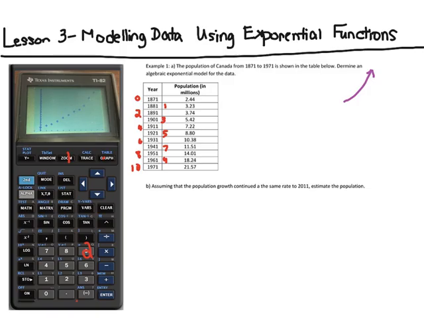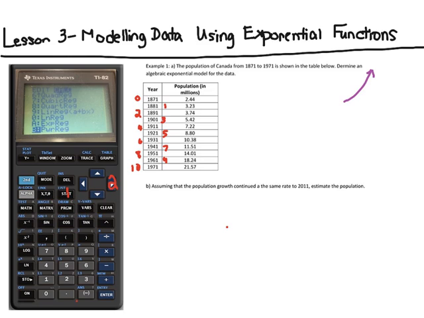Now we're going to calculate the regression line from this. You're going to hit stat, then you want to go to calculate, so you hit right. Then push down until you get the exponential regression at the bottom of the screen, and it should look like this.